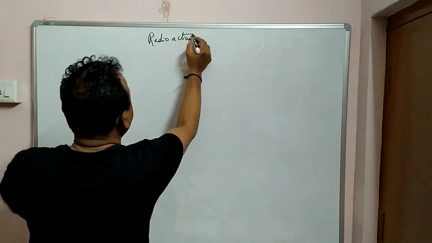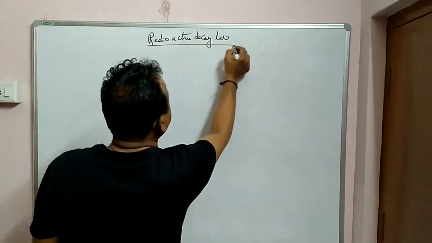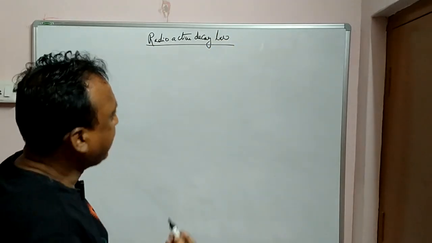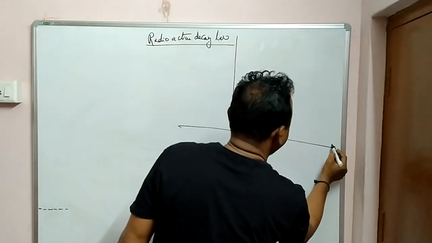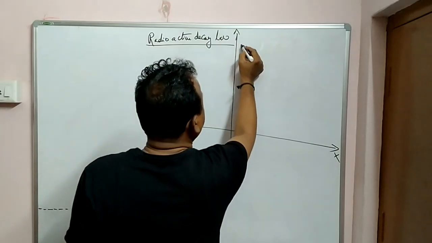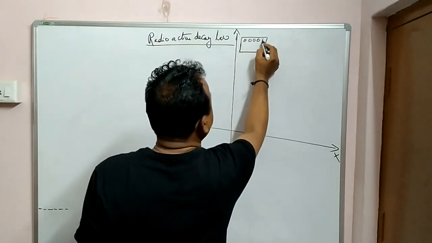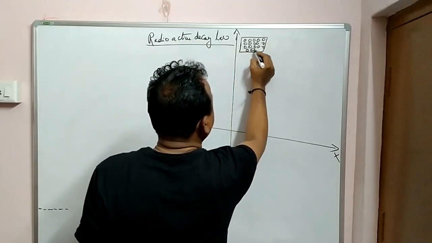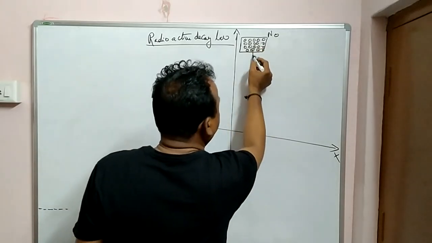Radioactive decay law. What is this law actually? Let us try to understand. Suppose you have a radioactive sample. This is the x-axis and y-axis, and this is the concentration of the radioactive sample. Let it be N0.